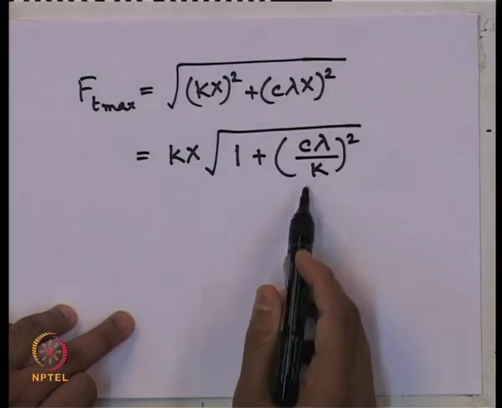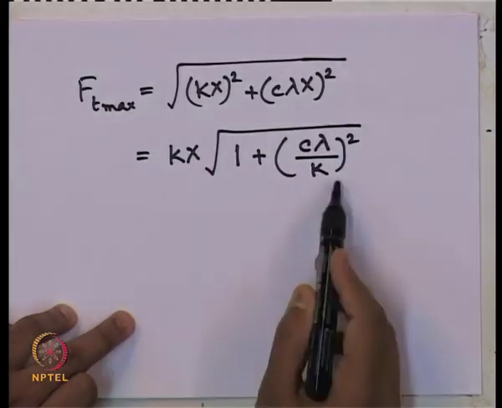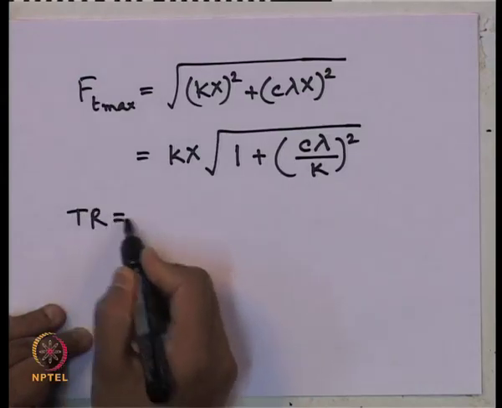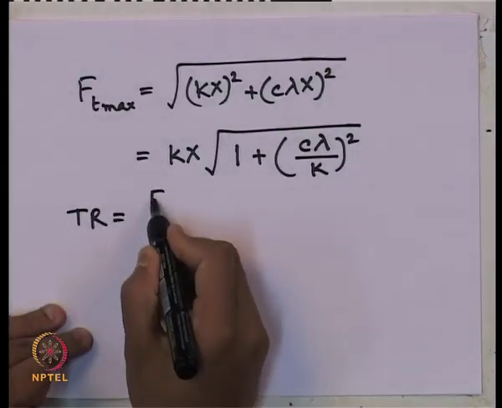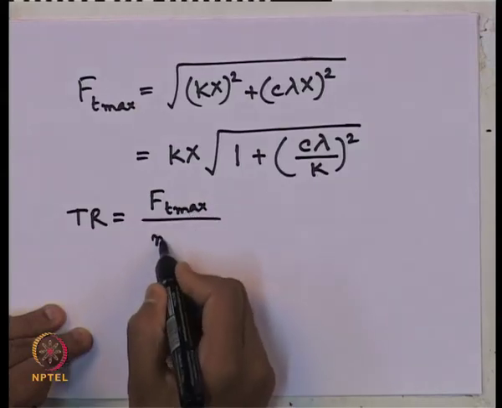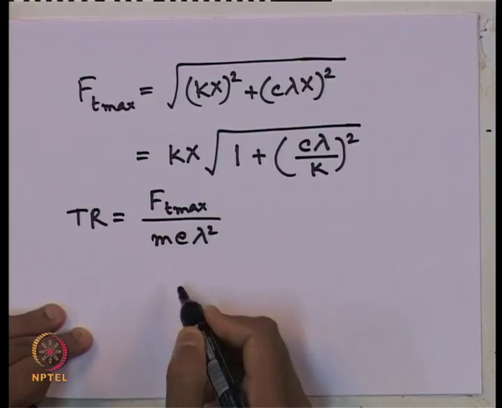I have taken out k x, so I am dividing by k x, and that is why x vanishes. So, the transmissibility ratio is nothing but f t max by m e lambda square.